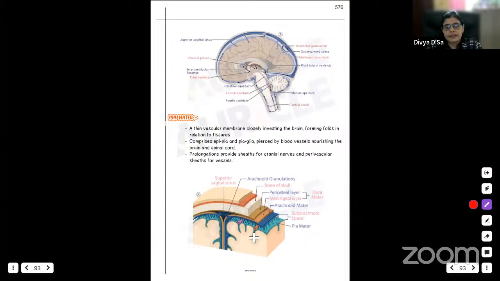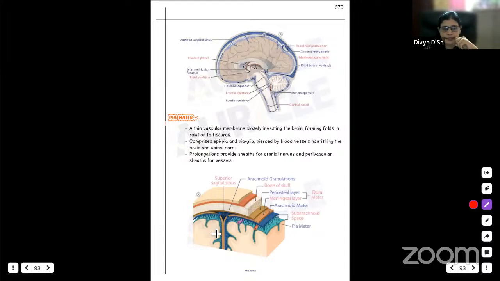Then pia mater, it is a closely adherent layer to the brain, investing the brain. It forms folds in relation to the fissures, so wherever the fissures are, it will also form folds there.